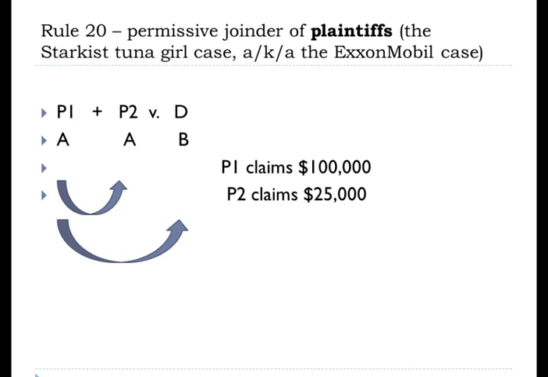No, it isn't. It's just against a plain old defendant. This defendant was not made a party under Rule 20. So the Supreme Court held that, in fact, in this situation, there is supplemental jurisdiction over Plaintiff 2's claim, even though it's less than the amount in controversy.